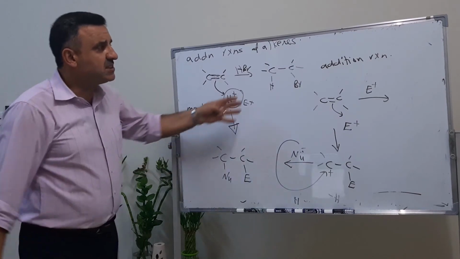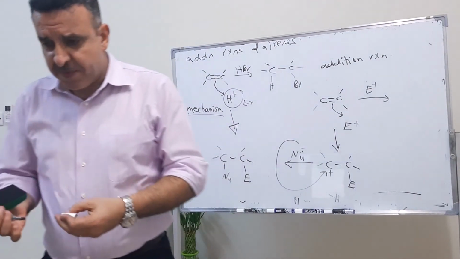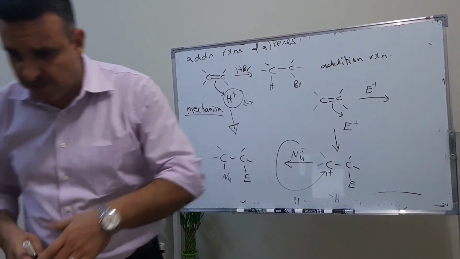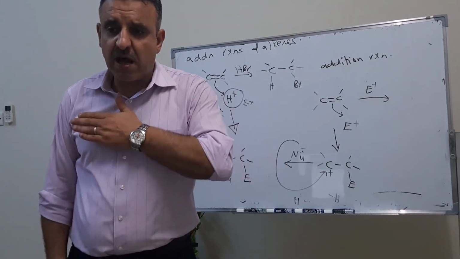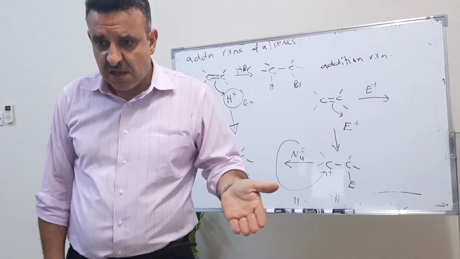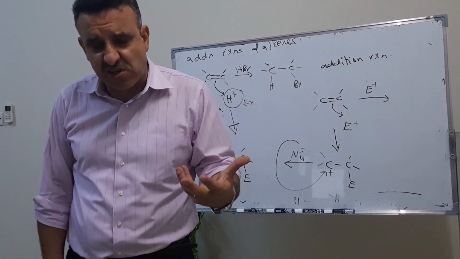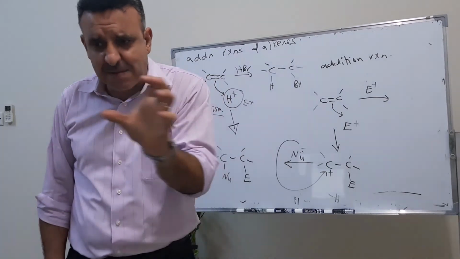Okay. So look here, in the next chapter, when we finish this chapter and then study the next chapter, there are plenty of mechanisms. I don't want you to be lost and to rely on memorization. I just want you to understand a simple principle.